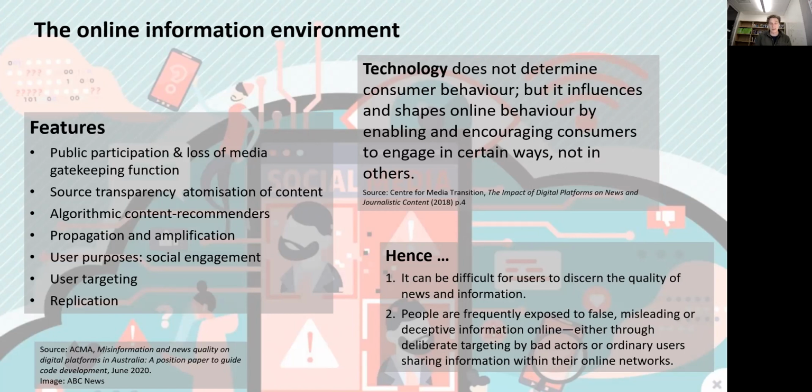As we know, we all encounter videos on YouTube or Instagram which we're not really interested in, but these are things that are trending at the time. And the purpose clearly here, as I was saying before, is that the social media platforms are trying to keep us engaged and trying to keep us online, because that's how they make money, by keeping us there and exposing us to advertising. Now, together, these things lead to an easy propagation and amplification of particular kinds of content, that novel content, that emotional content that we saw before.